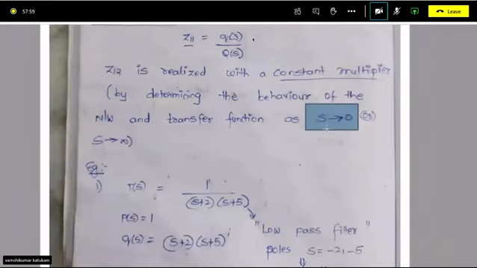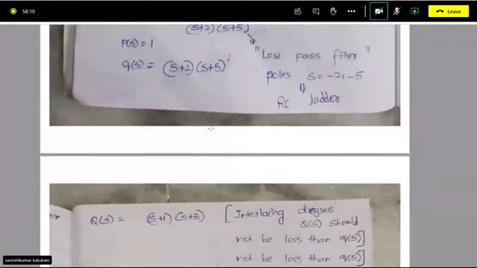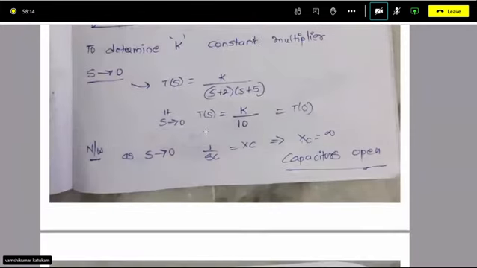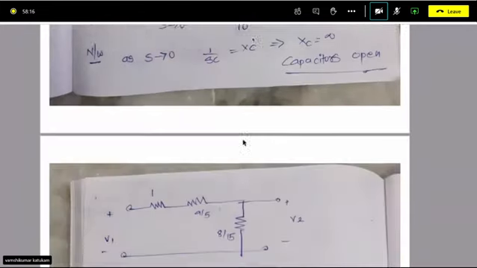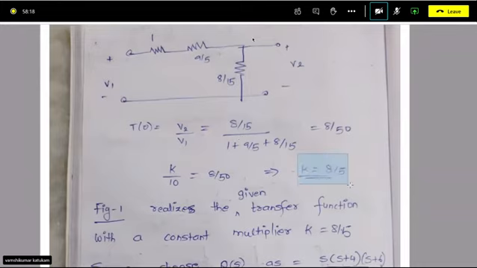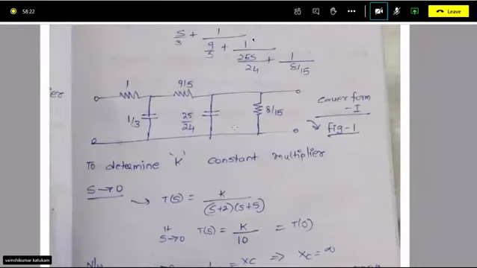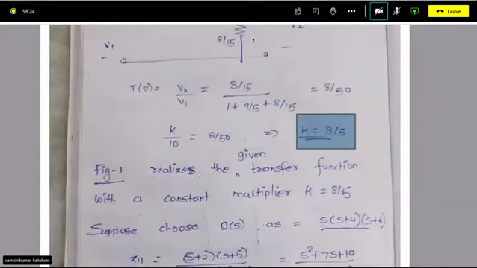What is the transfer function value you are getting for the realized network? Both you compare, you will get the K value. Right, Z12 is realized with a constant K multiplier. So here you got K by 10 and K is equal to 8 by 5. Okay, so figure 1, which is nothing but this, realizes the given transfer function with constant multiplier K equal to 8 by 5.